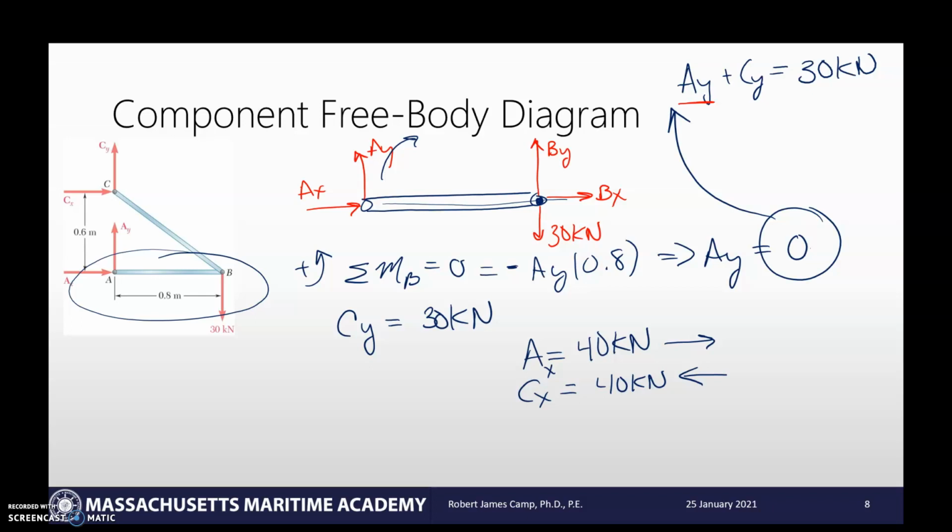So we drew it incorrectly, so it's acting to the left. And then we just did CY, and so CY is going to be 30 kilonewtons, and that is listed as a positive, so we picked the right direction, so that is straight up. So there are our 3 reaction forces that we have on the structure.